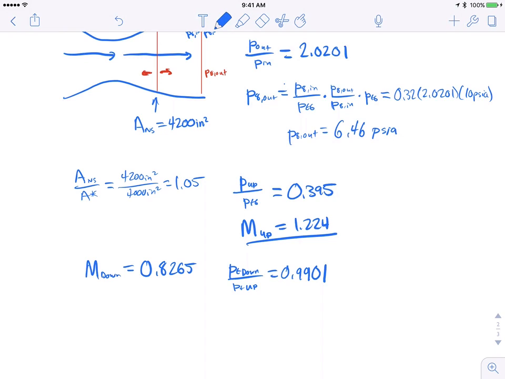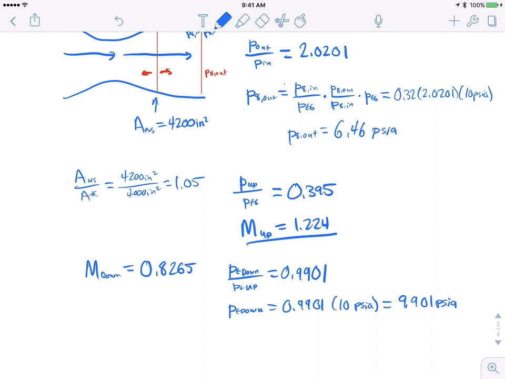And so our next step is, we've got our Mach number. Because we've gone through a normal shock, we've changed our total pressure, and that means we've got to account for the fact that the total pressure downstream of the shock is now going to be equal to 0.9901 times 10 psia, which will be 9.901 psia.